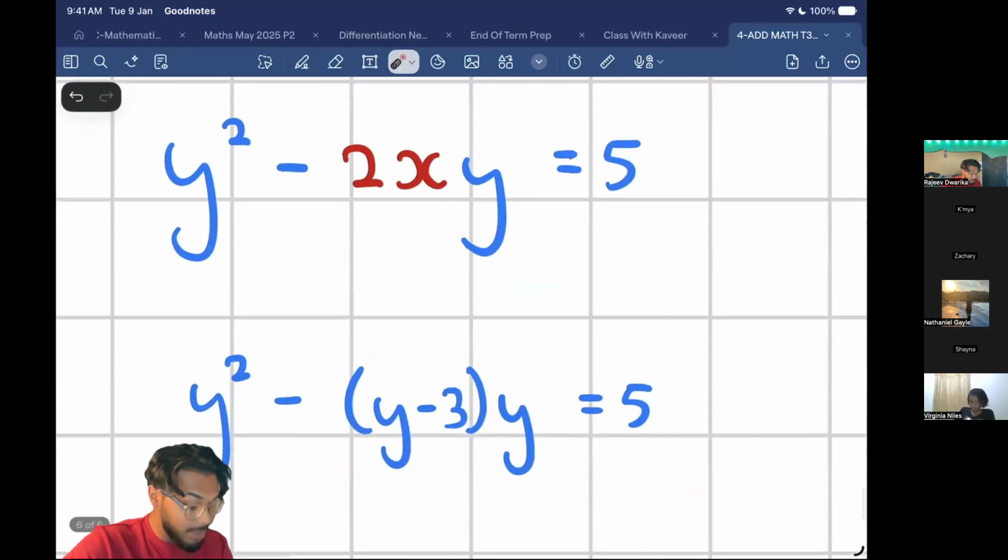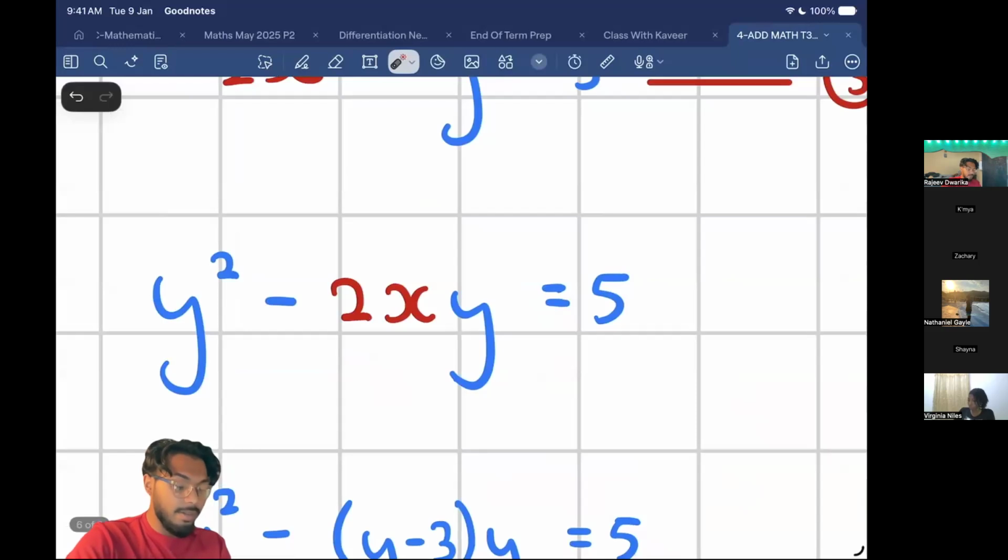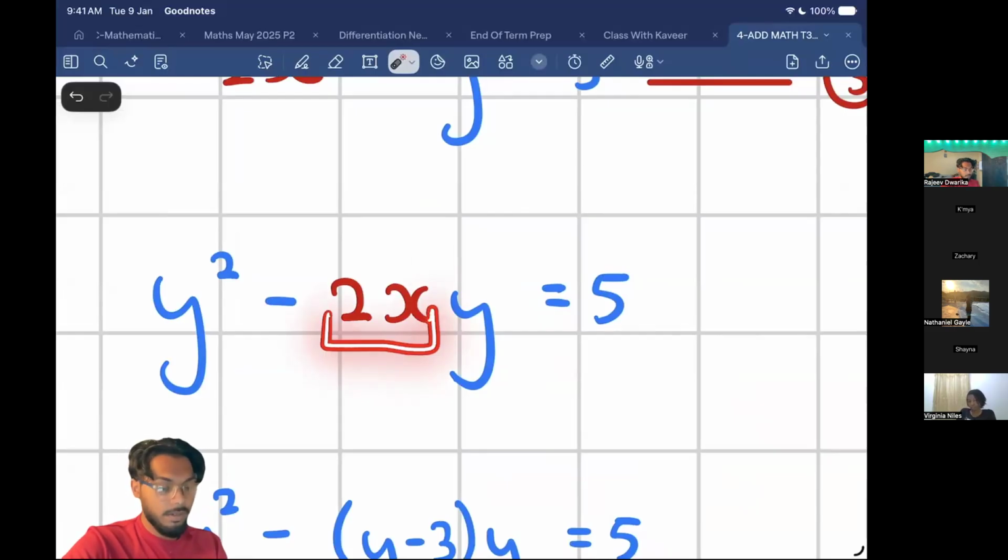If you're still confused, look at it again. It was minus 2x by what? By y. Exactly. So that means everything in 2x, you're going to multiply it by?